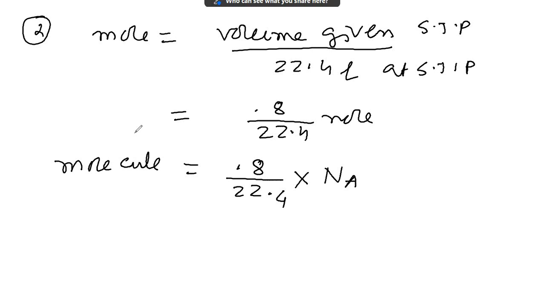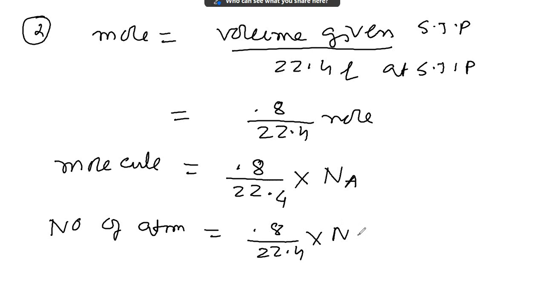Mole into Avogadro number gives you the molecule. As it is diatomic, the number of atoms will be 0.8 by 22.4 into Na, Avogadro number, into 2. This is the number of atoms present.